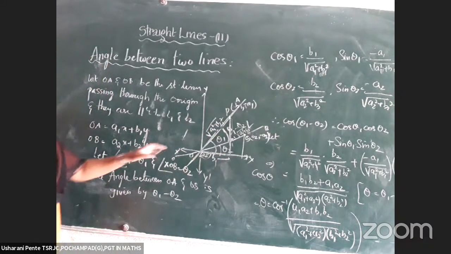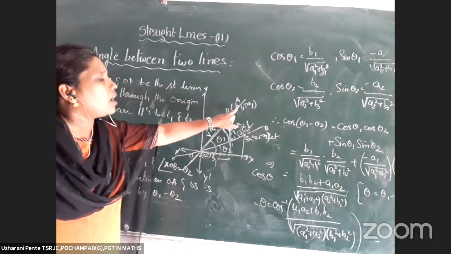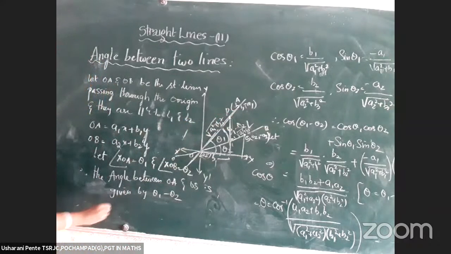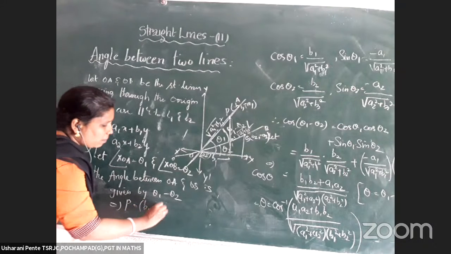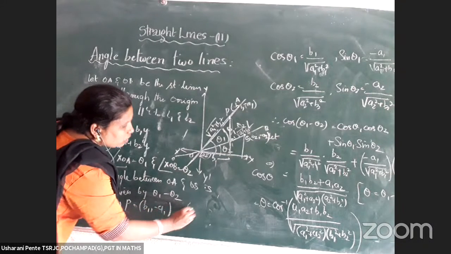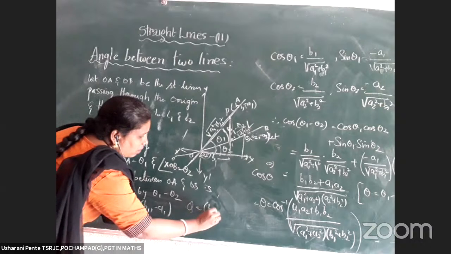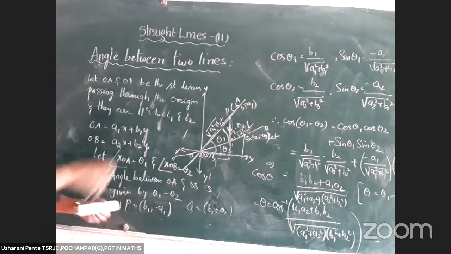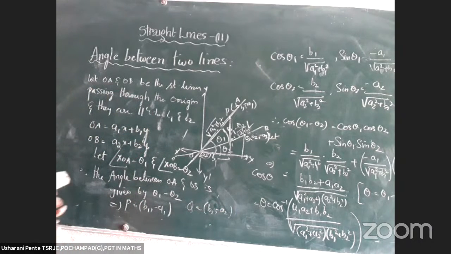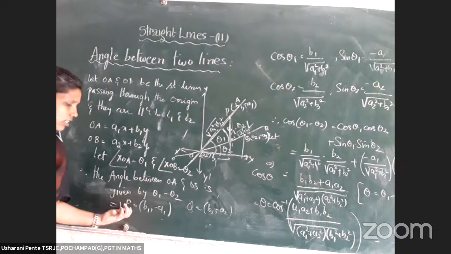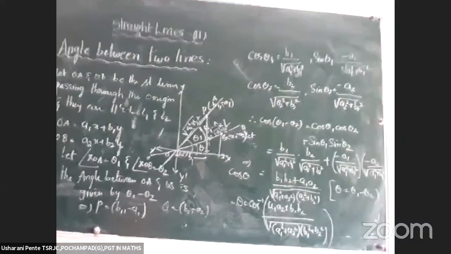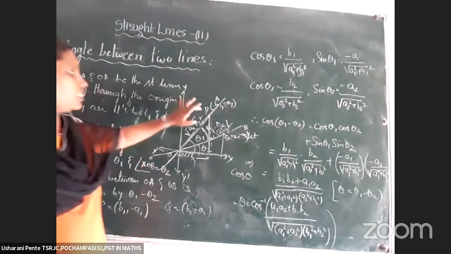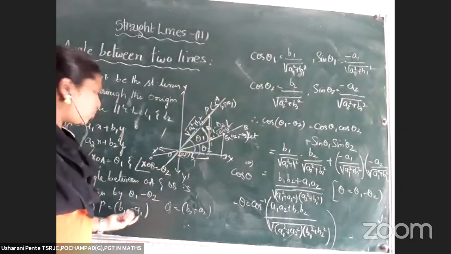So we have found the coordinates P and Q. P is equal to B1 comma minus A1 and Q is equal to B2 comma minus A2. We have seen how we found these coordinates; they are points which lie on the lines.